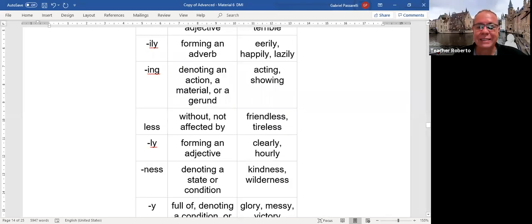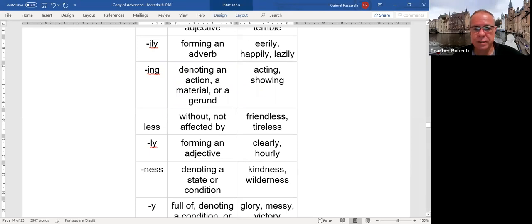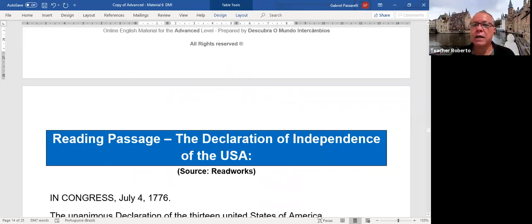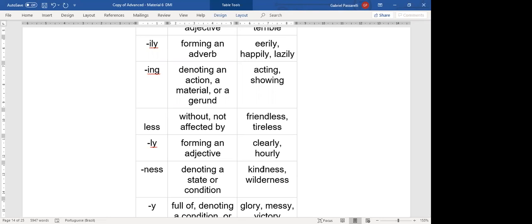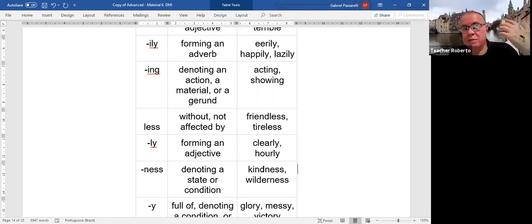Anyway, okay, ness. This one is very common, okay? Ness denotes a state or condition. If a person is very kind, you can say, I appreciated her kindness. If something is wild, okay, we say wilderness.